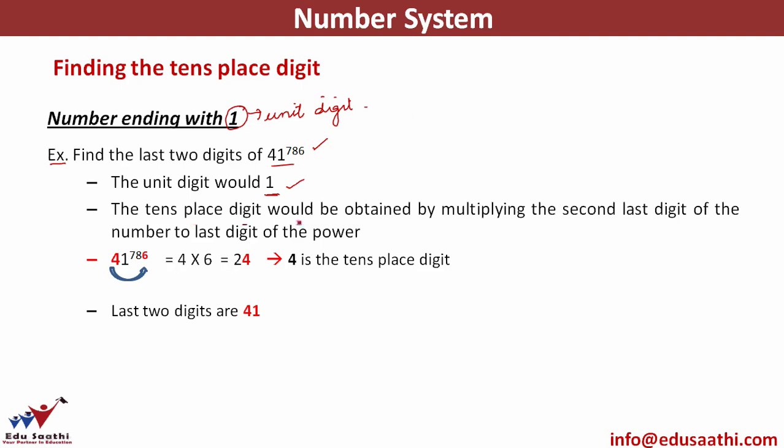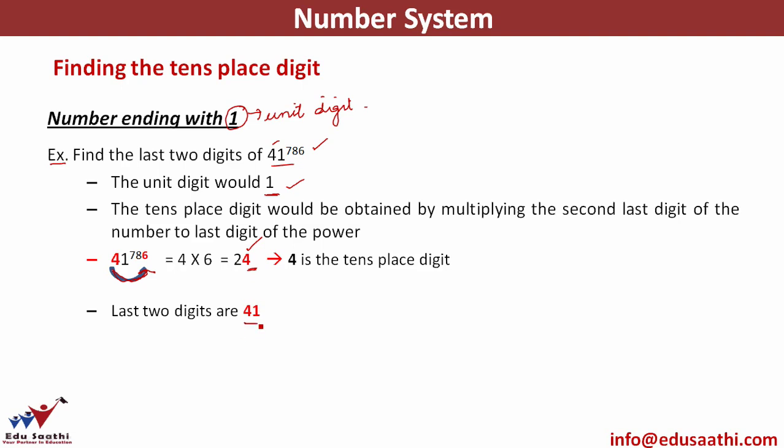Now the tens place digit would be obtained by multiplying the second last digit, 4 here, with the last digit of the power. So I'll multiply the second last digit with the last digit of the power. 6 into 4. It is what? 24. I'll keep 4. 4 will be my tens place digit.